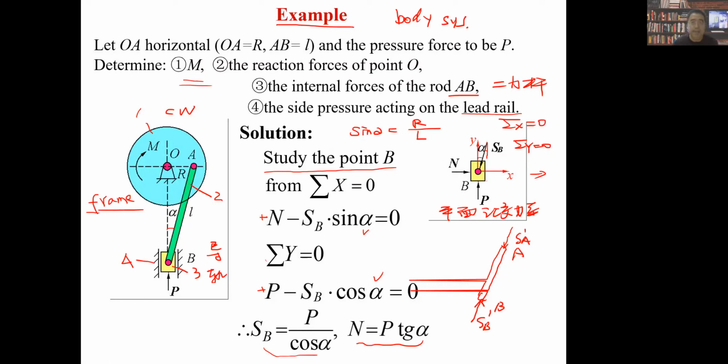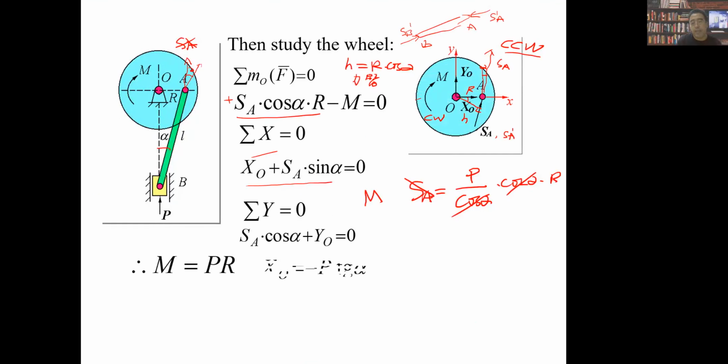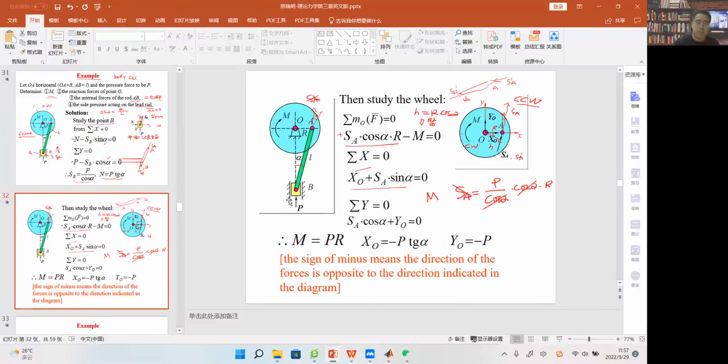Maybe this time you can understand it a little bit, right? I hope you can research this example by yourself again, try to understand, and try to read the textbook we just talked about today.